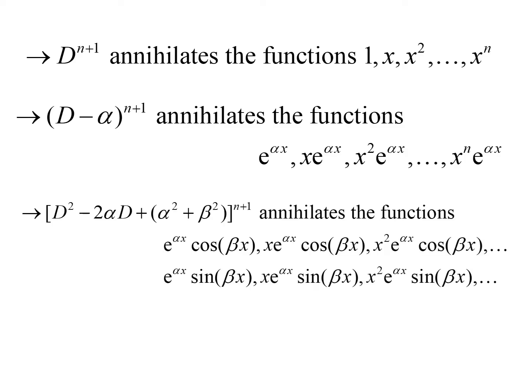And if we have that, then the annihilator takes the form D squared minus 2 alpha D plus alpha squared plus beta squared, all raised to the n plus 1, where again alpha is the coefficient inside the exponential, beta is the coefficient inside the trig function, and n is the degree of the polynomial.